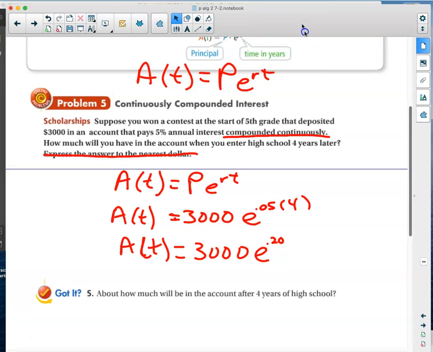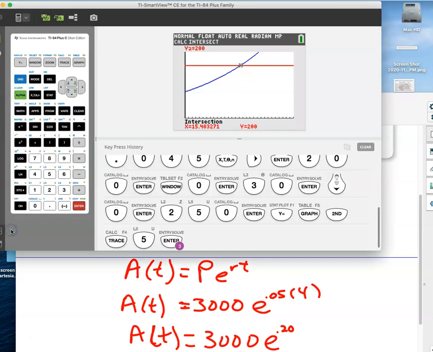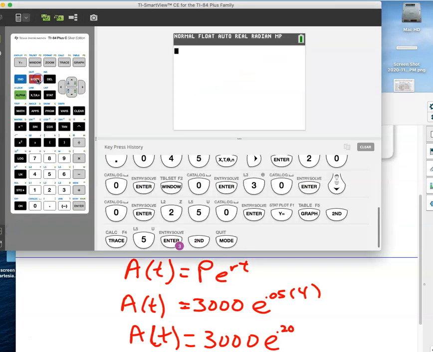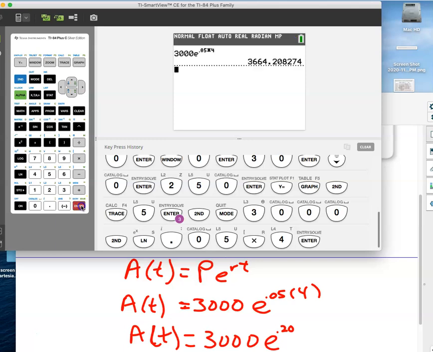So back to the calculator. Back to the main window, 3,000. Second ln for our E. And then 0.05 times 4. Notice I just punched it in. Didn't have to figure out that it was 20 cents. $3,664.21 is how much money we would have.